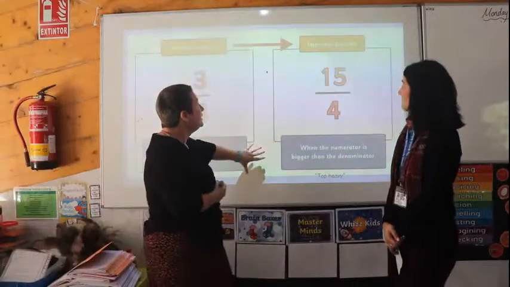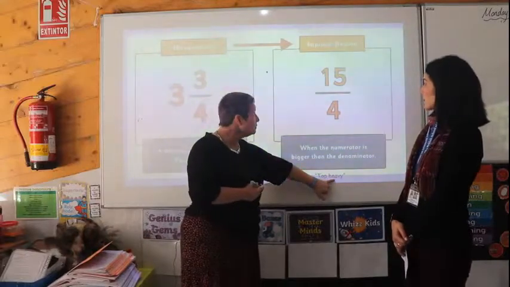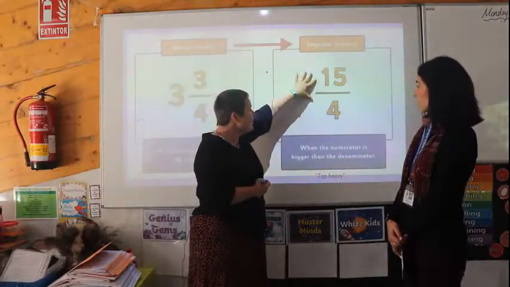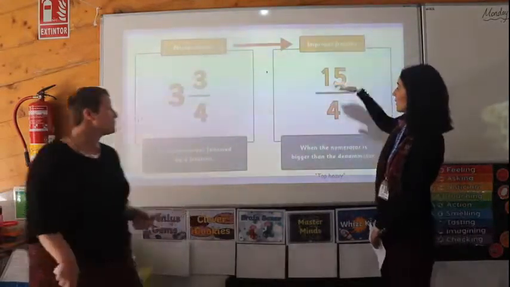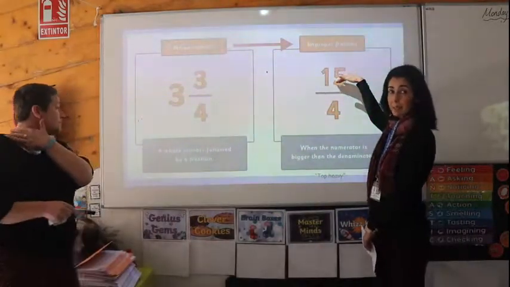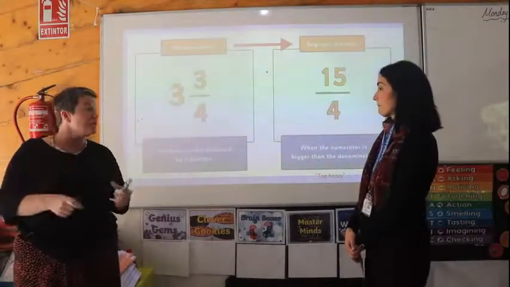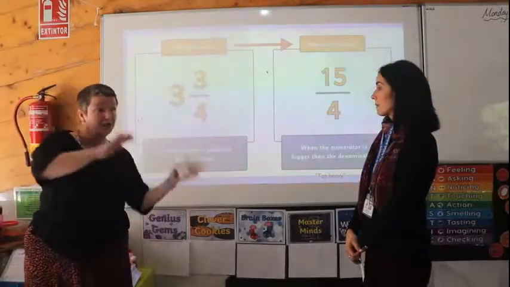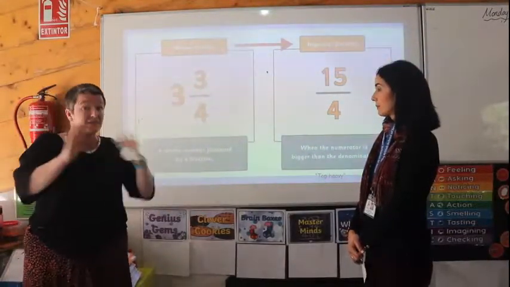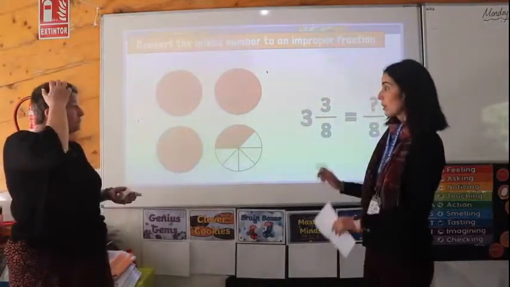And an improper fraction is, as I call it, top heavy, which means the numerator is heavier than the denominator. Y el improper fraction, pues lo que tenemos que el número de arriba, el numerador, siempre va a ser mayor que el denominador. At this stage, we need to be able to swap from one to the other with ease. Lo que vamos a hacer es cambiar uno de un modo al otro.